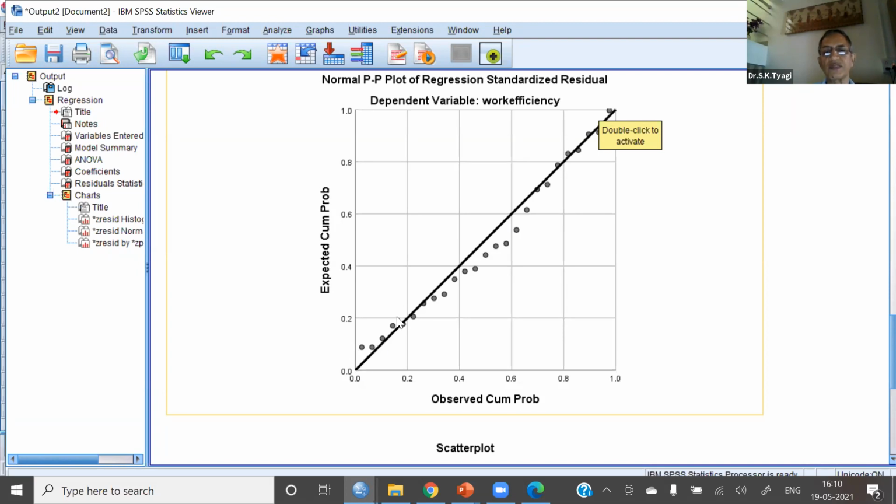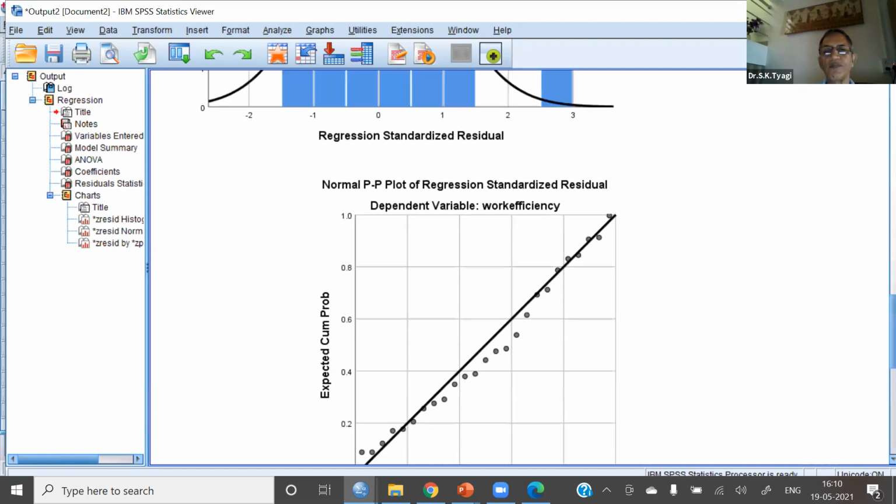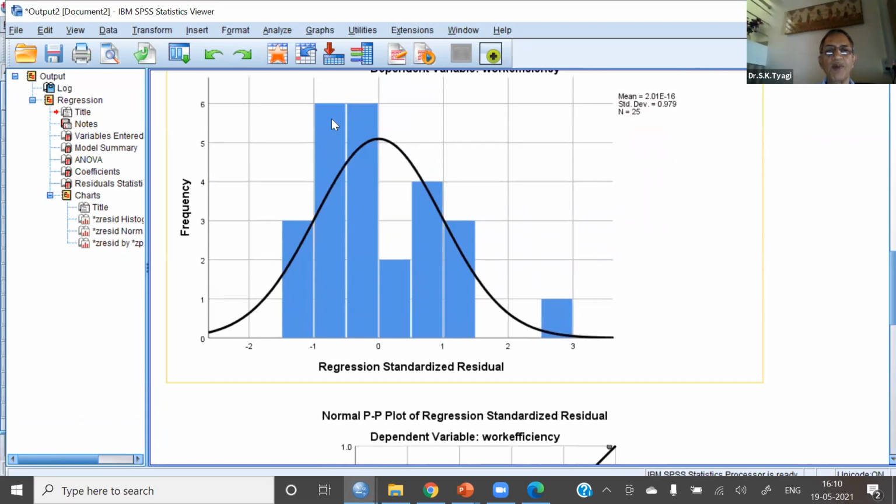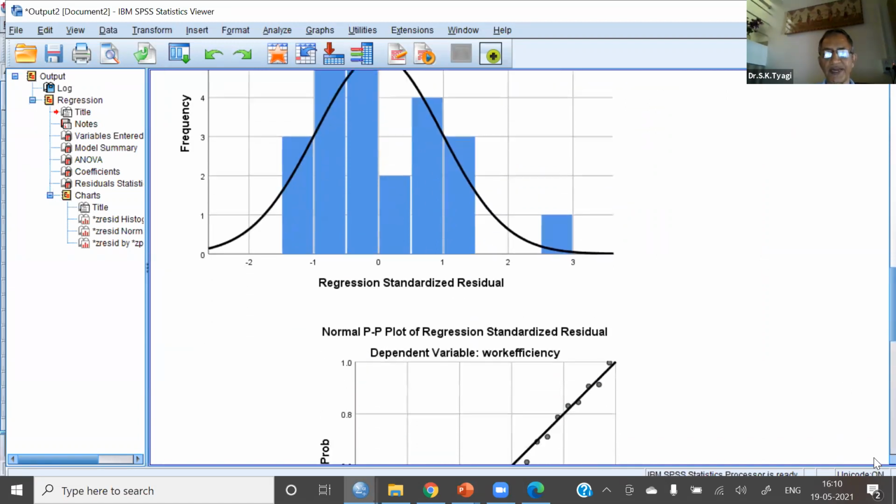We want these points to be on the line, and they are almost on the line. Similarly, the histogram is almost normal. The area is fitting. This part is excess, and here we have some deficiency. So there is not a serious issue with normality.